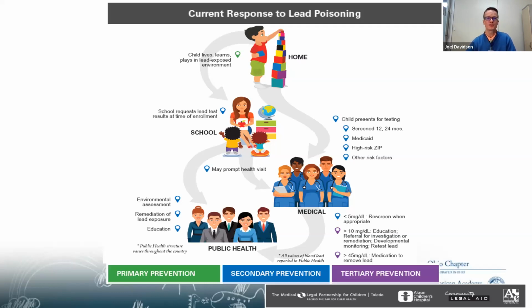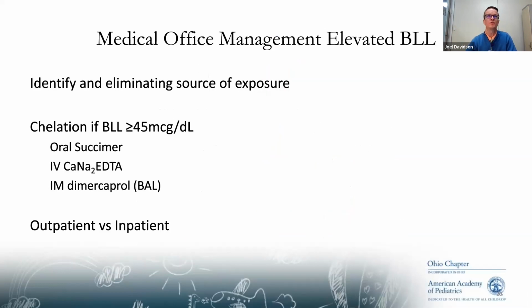What I know is successful when you get the message out from a community level is when those families come back and start asking, is today's visit appropriate to check lead? I can tell you that your interventions, when you start talking about lead in the community, will come back to providers and doctors, because I have those conversations with families, and it reassures me that all of us together are going to help move this issue forward.